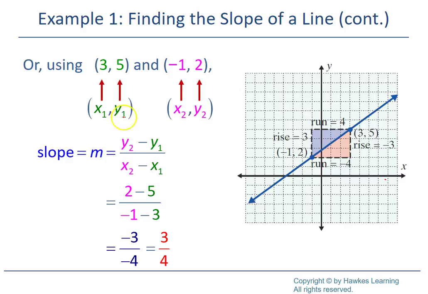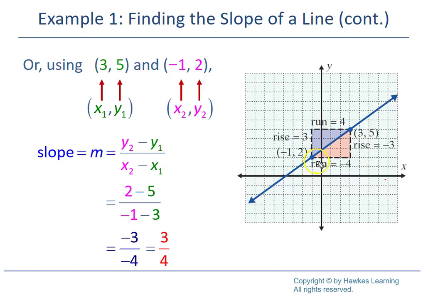Now, another thing we might note, if we plot these points on a graph, 3, 5, so 1, 2, 3, and then 1, 2, 3, 4, 5 is this point, and negative 1, up 2. We get these 2 points.